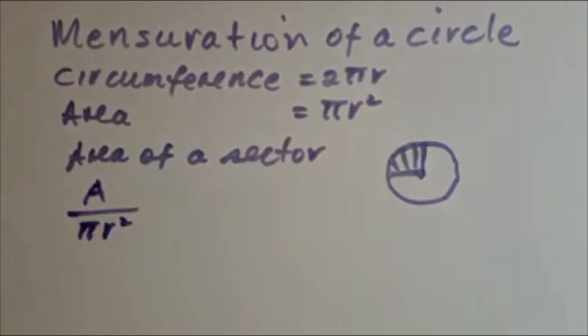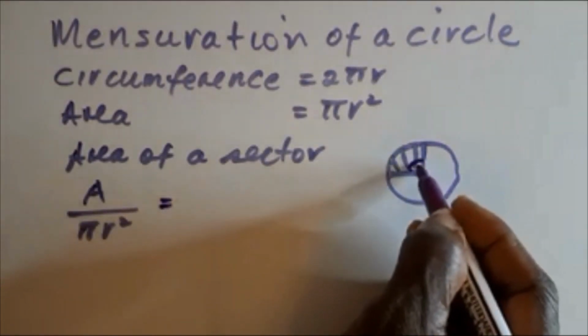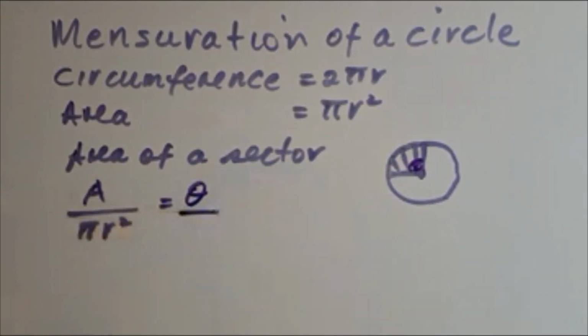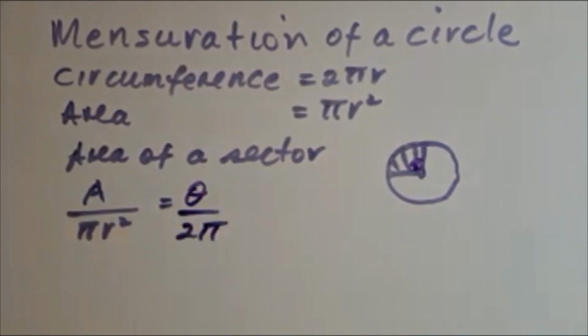And that equates to theta, which is our angle here, as a fraction of 2 pi, because we know we have 2 pi radians for a circle. Now theta is also in radians.